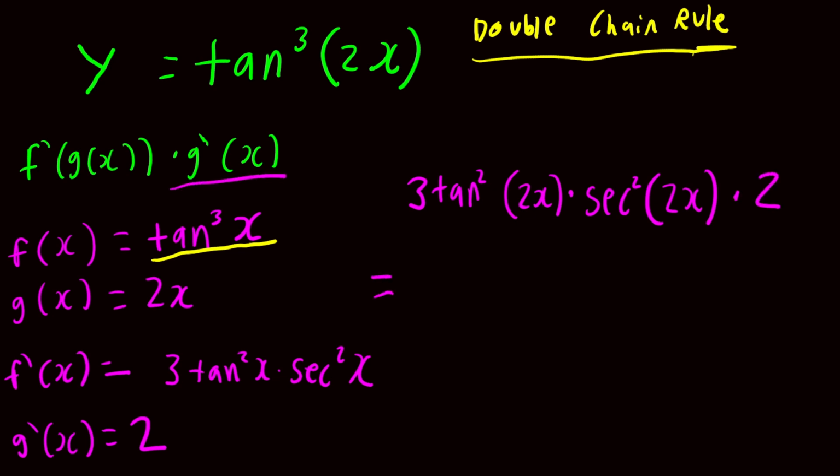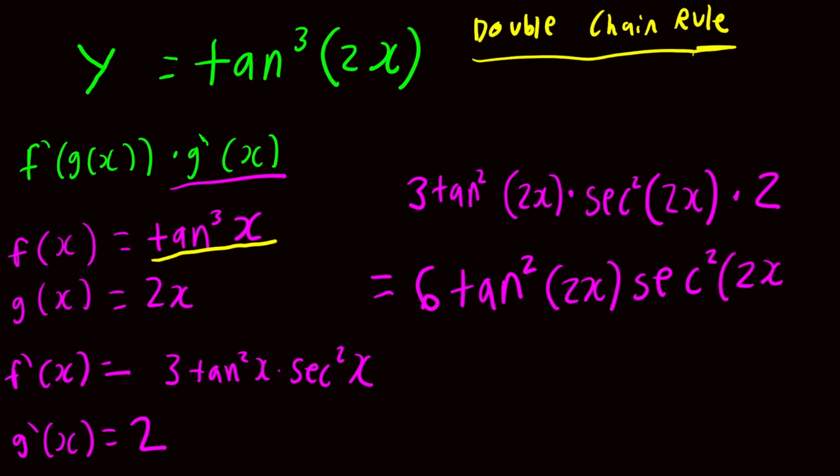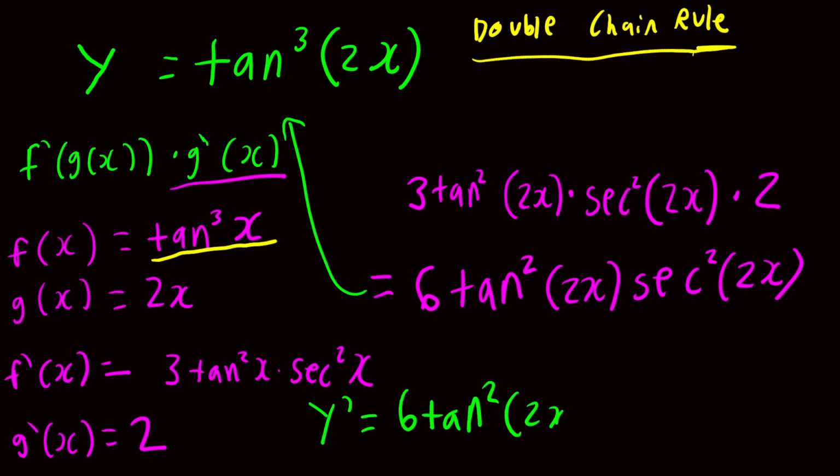So our final answer would be 6 tan squared 2x secant squared 2x. And again, this is the derivative of that function, so I'll make it a little bit more clear. Y prime is 6 tan squared 2x secant squared 2x.